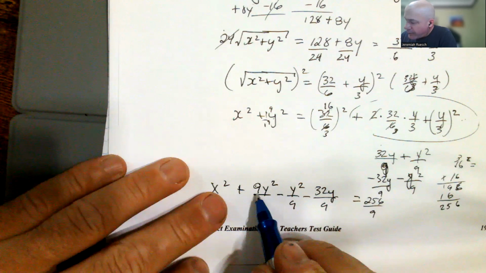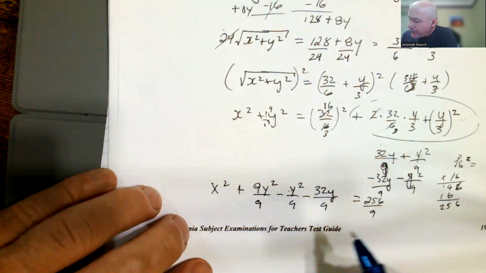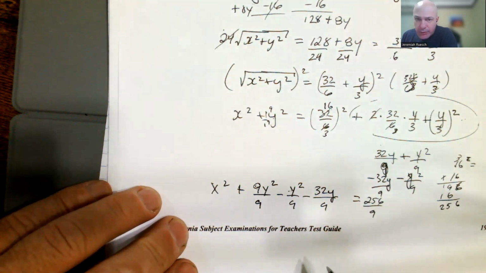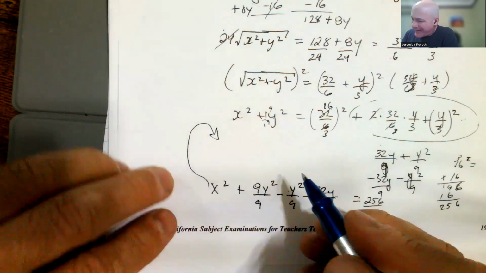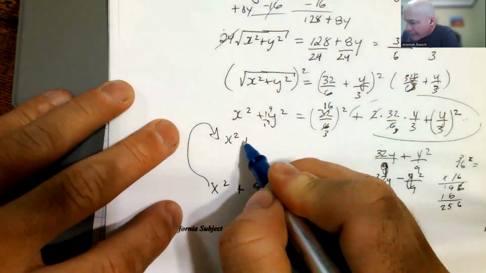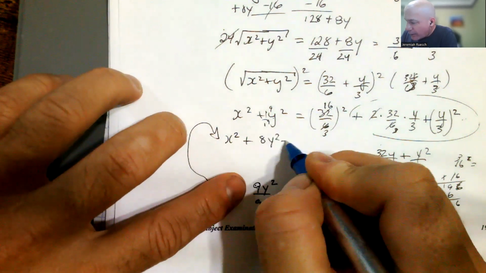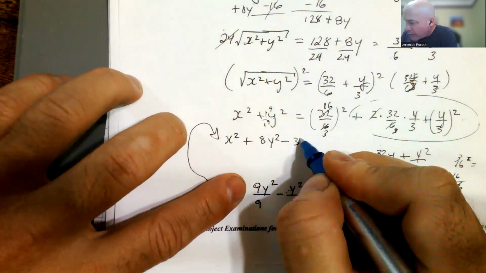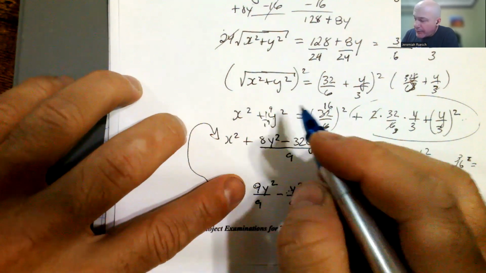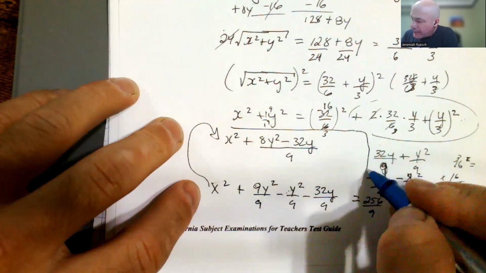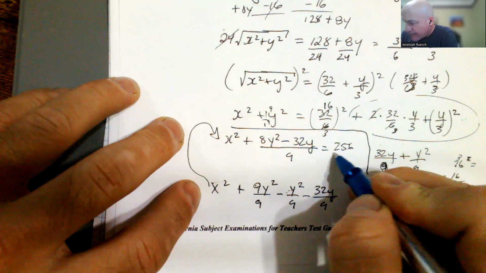All right. And so we have 9 over 9 minus 1/9. So we're going to have, running out of room, so I'm going to kind of ironically go back up here. This is going to be x squared plus 9 minus 1 is going to give me 8y squared minus 32y. And since they all have a common denominator of 9, I'm just going to write it over 9 now. And this is going to equal this crazy thing over here, 256 over 9.